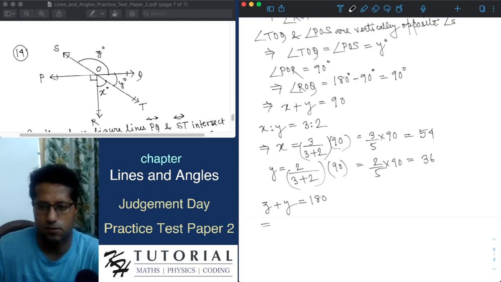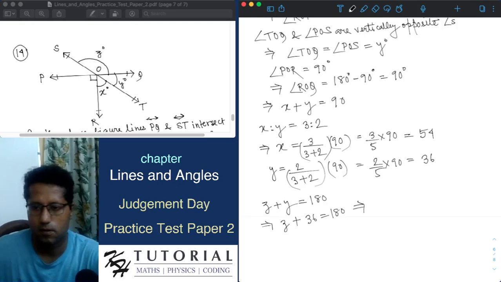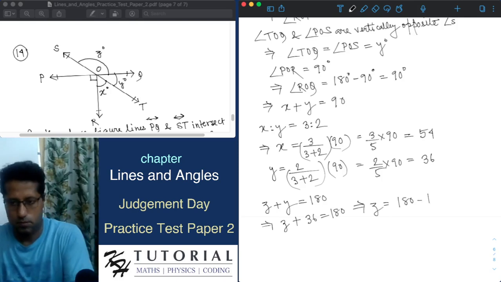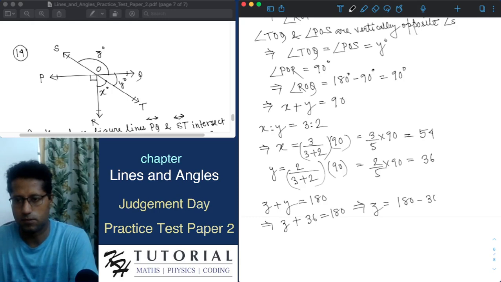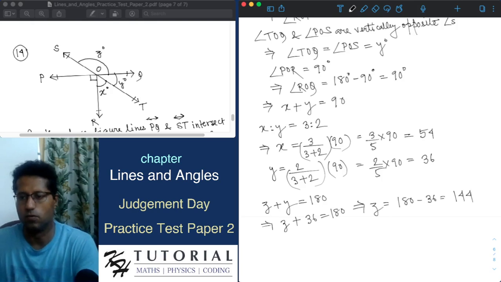So this implies z plus y, which we have already found to be 36, equals 180. So this implies z equals 180 minus 36. This is 144.